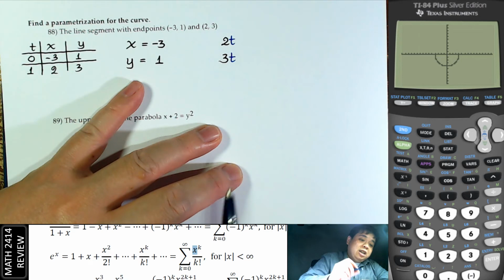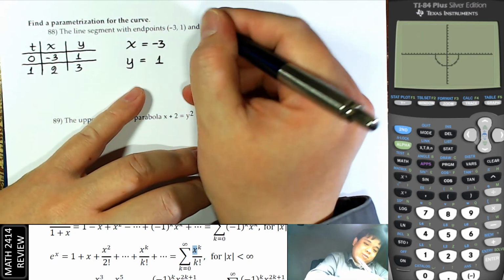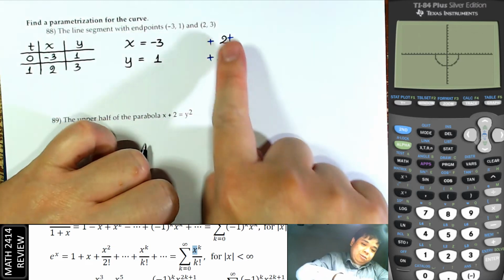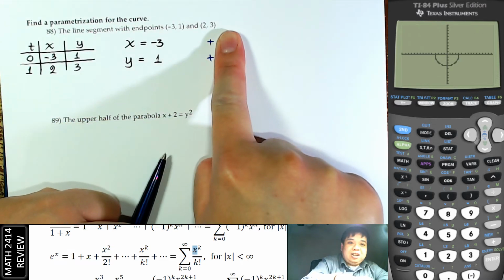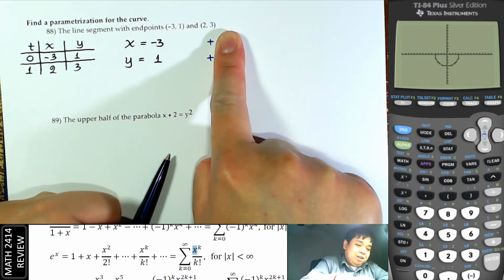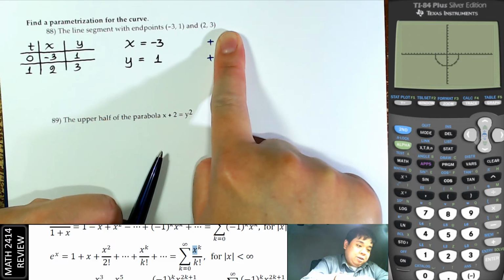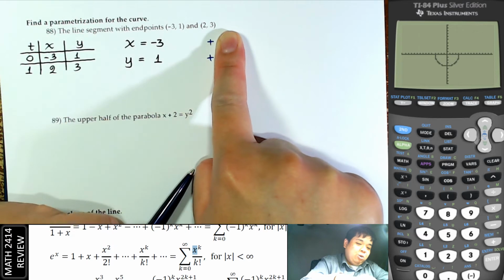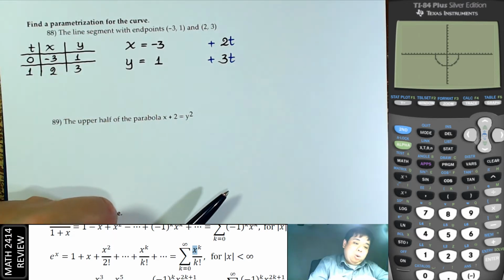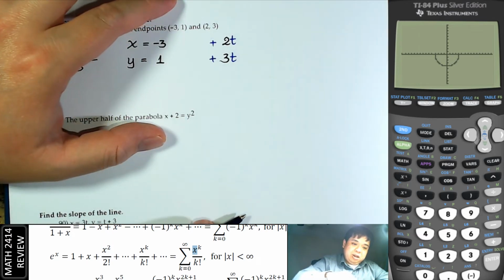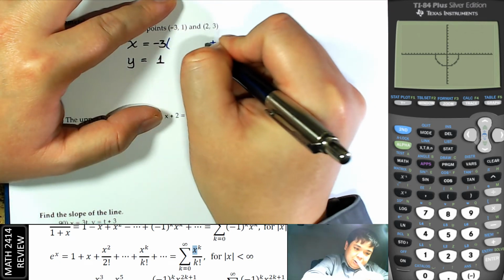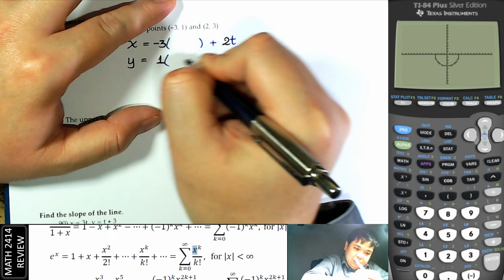Because now when t equals 0, that's gone. Right? x equals -3, y equals 1, when t equals 0. Now, when t equals 1, this one has to disappear. So we need to multiply something here.